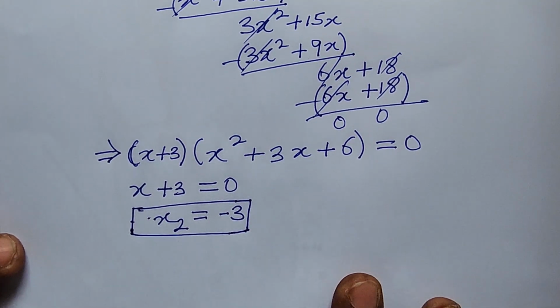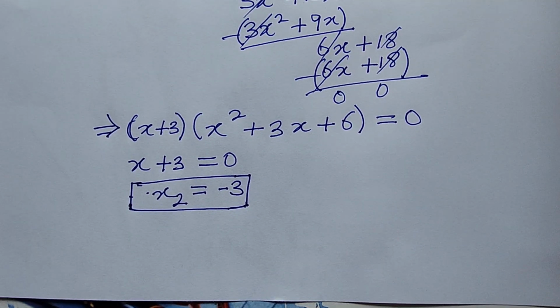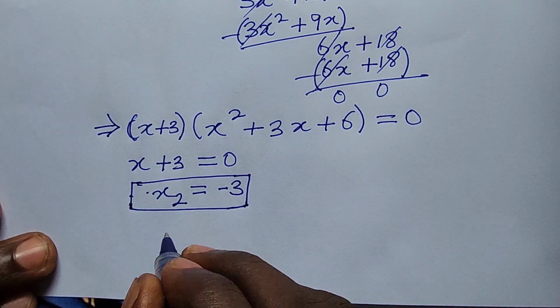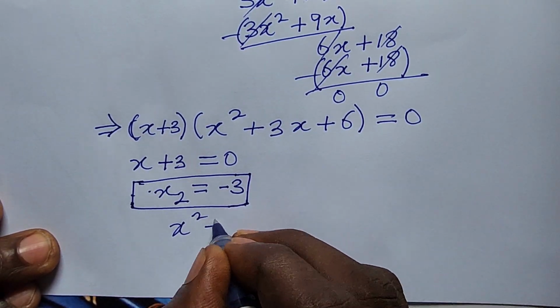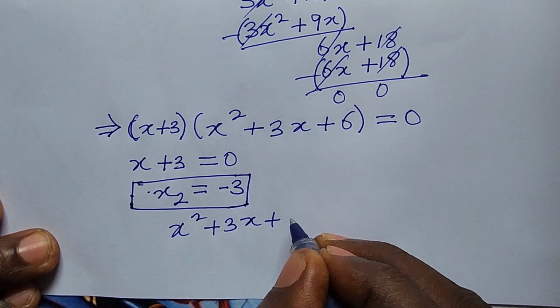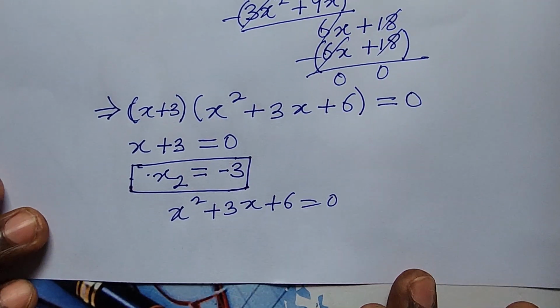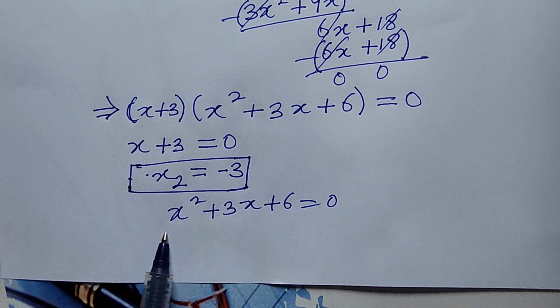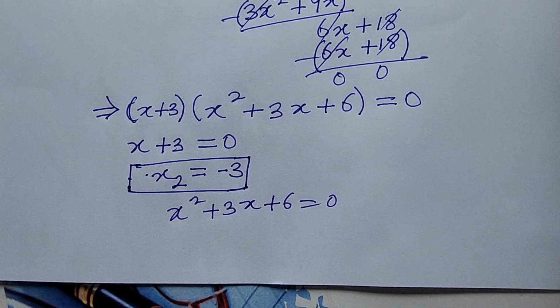Okay, now we have our x2. What we do next now, let's go ahead and solve this quadratic equation. Now, if you check this x squared plus 3x plus 6 equal to 0, if you use the discriminant, you discover that we're going to have an imaginary root from here. But how do we get the imaginary root?